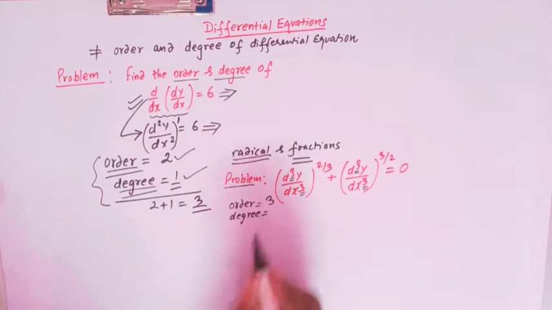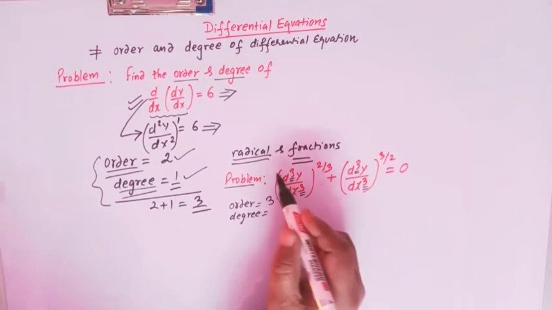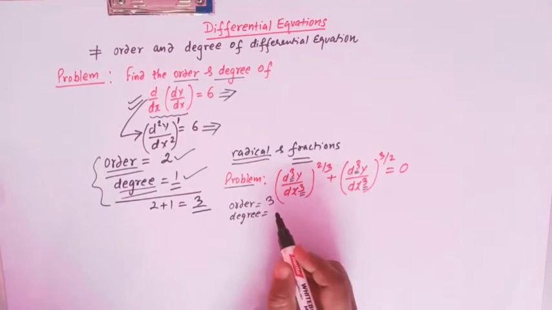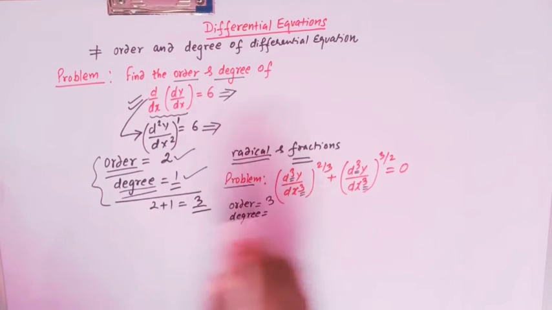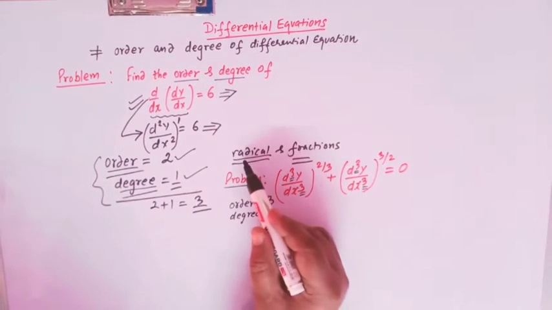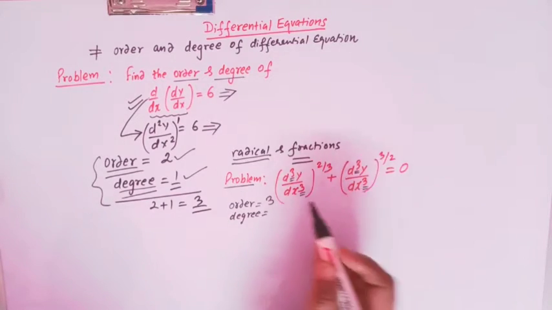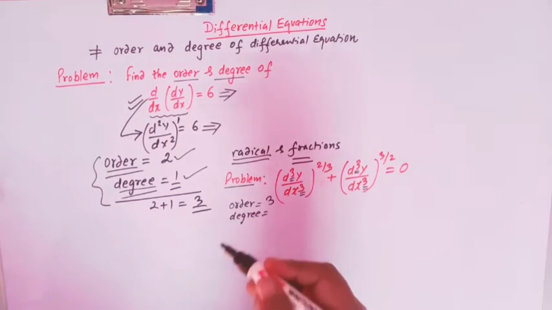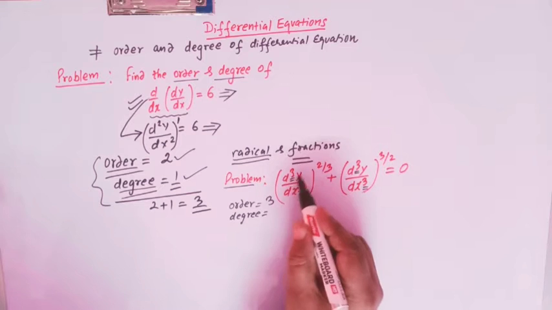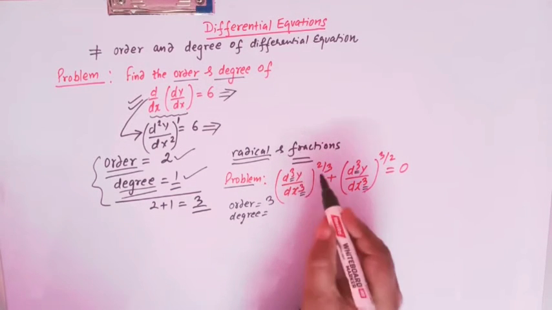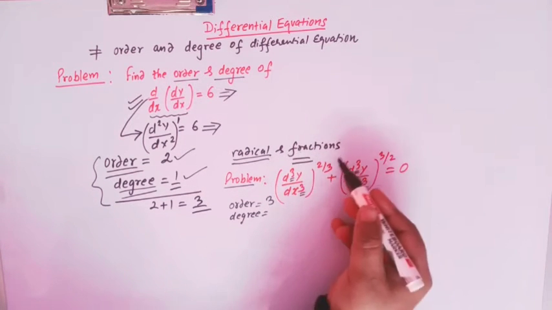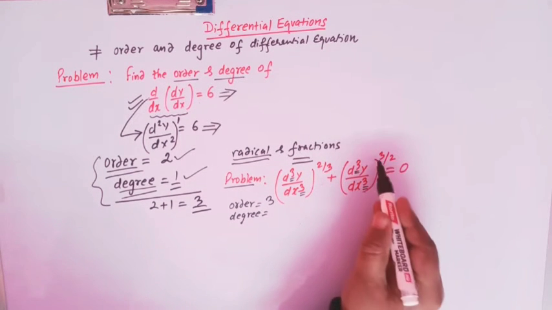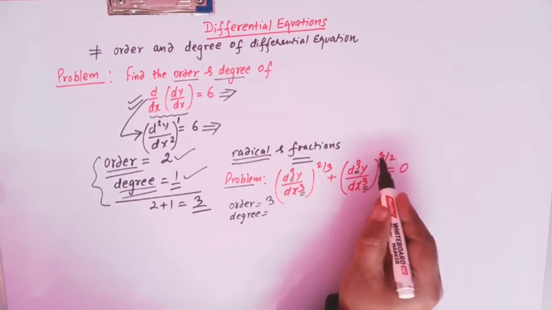Now we have to find the degree. We have just seen that in order to find the degree of a differential equation, we have to make the differential equation free from radicals and fractions wherever the derivatives occur, right? So here in this third order derivative, we have this radical sign 2 over 3, or the fraction we can say, and here also we have the fraction 3 over 2.